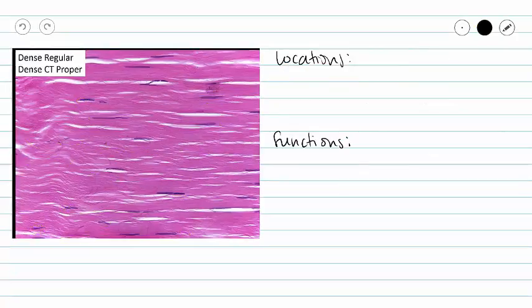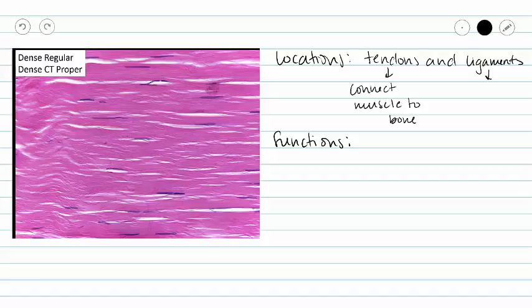When we look for dense regular CT proper in our body, we are going to find it in our tendons and ligaments. Tendons are going to connect muscle to bone, and ligaments are going to connect bone to bone. So our dense regular CT proper is acting as a connector between two different types of organs.